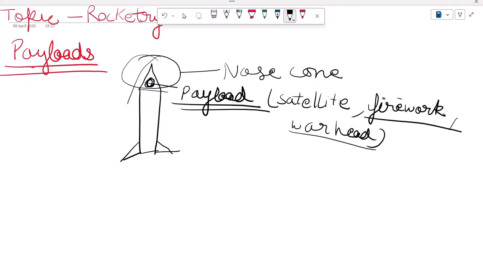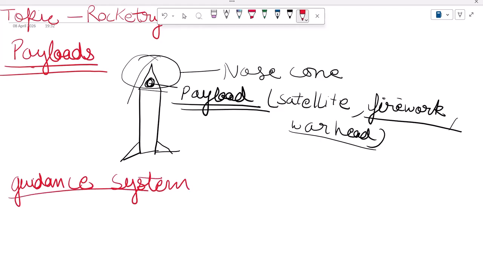Now moving to the other system, that is the guidance system, the most crucial system in the rocket. So this is the guidance system. Suppose this is the rocket.